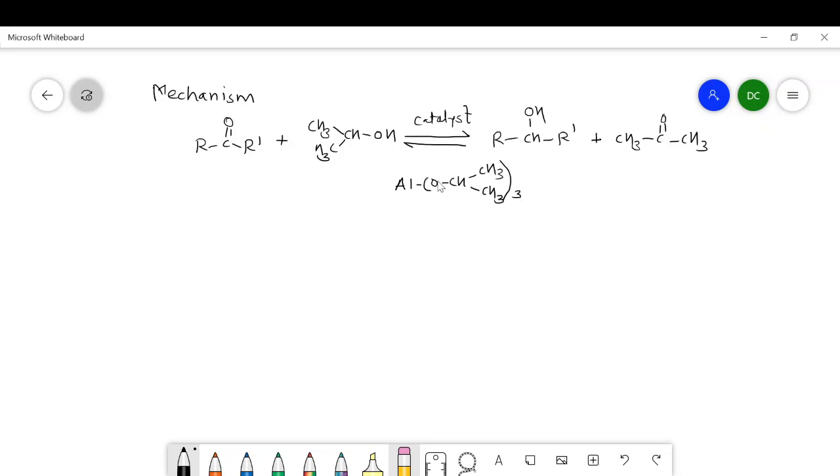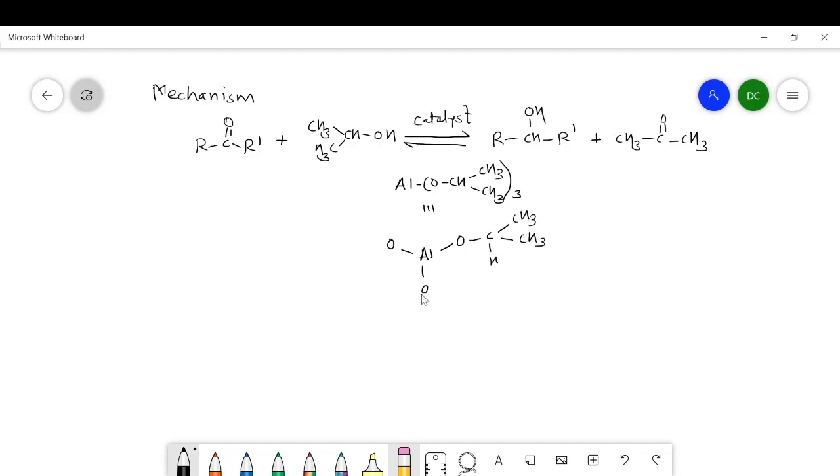Oxide means oxygen, and this is the isopropyl group. This structure can be written like this. Here aluminum is there, then it is attached with oxygen, here also oxygen, and here oxygen. Then this oxygen is attached with the carbon, hydrogen, then CH3, here CH3.